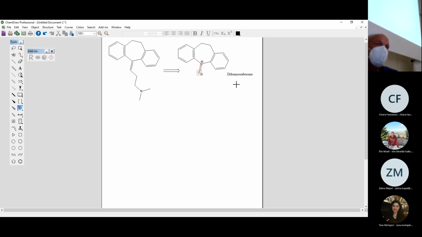So we have to form a carbon-carbon bond. This is the most important reaction in organic chemistry, because in this case we need a positive carbon atom and a negative carbon atom. So we have to form both of these carbon atoms.